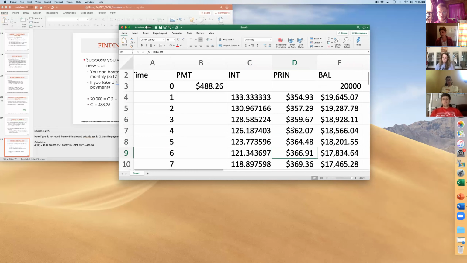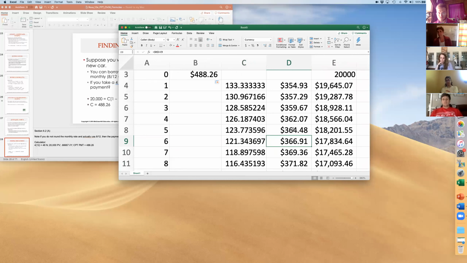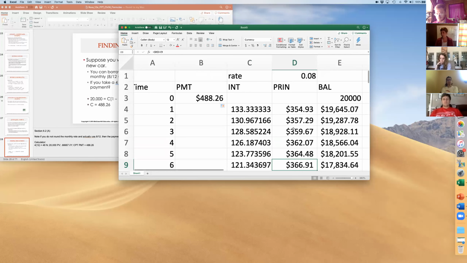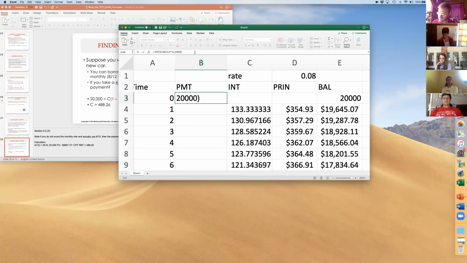Right? All right, so if you wanted a question here, how much would a $50, if you decided I'm going to pay $50 extra every single month, right? You can do this in several ways. You can add that to the payment and just say add $50 if you're committing to it.